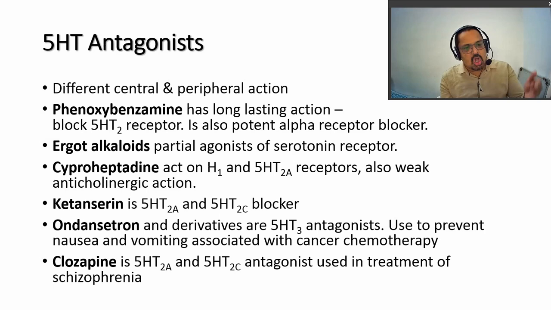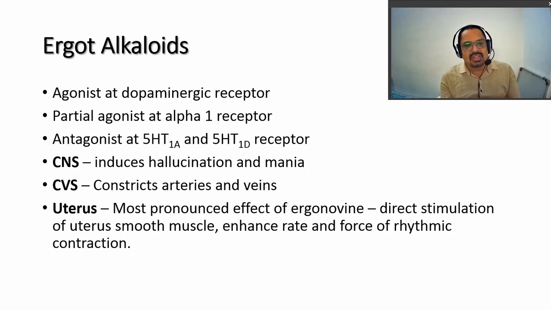Among all these, ergot alkaloids are one of the most potent agents, having more therapeutic benefit. Definitely ondansetron, clozapine, and ketanserin are also used, but the most popular is the ergot alkaloid. So we will see some more detail about the ergot alkaloids. These are agonists at the dopaminergic receptor.